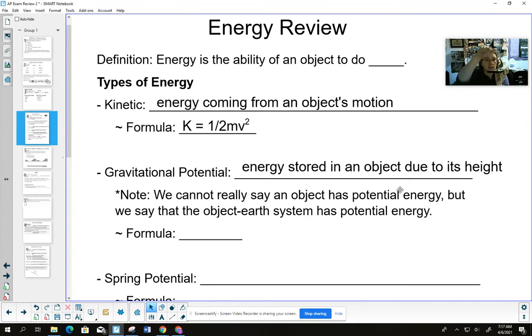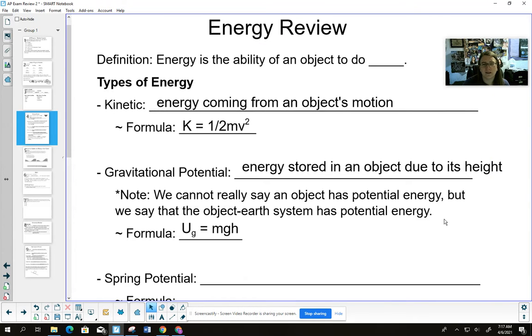If I'm focusing on just my phone here, it doesn't have potential energy. I have to say the phone and Earth system has potential energy because potential energy only comes in reference to a zero level, right? So we have to be aware that we're referencing whatever that ground level is.